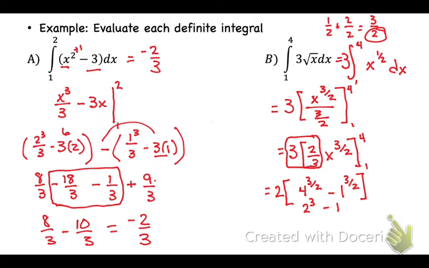So what's 2 cubed? 8. So we have 2 times 8 minus 1. So we have 2 times 7. So we have 14. Much easier than we've been doing? Yeah.